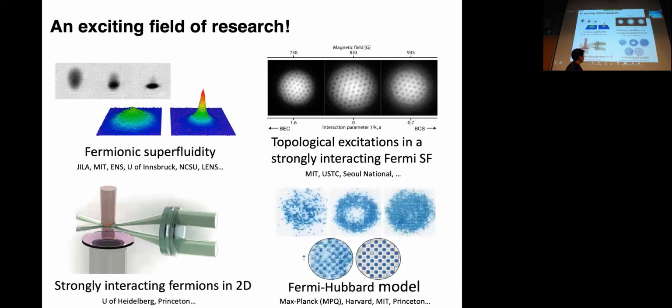And also, by using optical lattices, we're able to put these atoms in an artificial lattice and try to study the physics of the Fermi-Hubbard model these days with the optical resolution of a single atom.